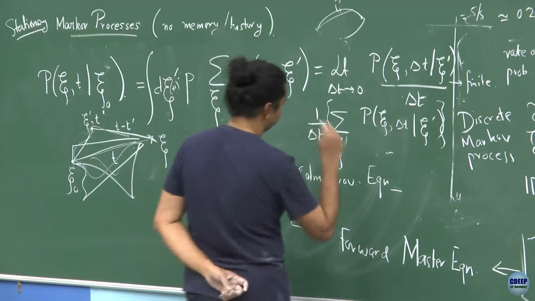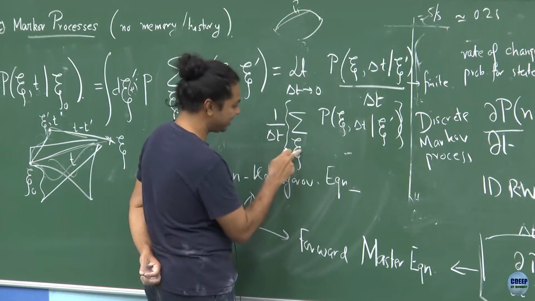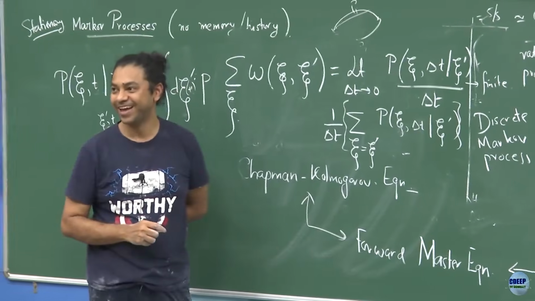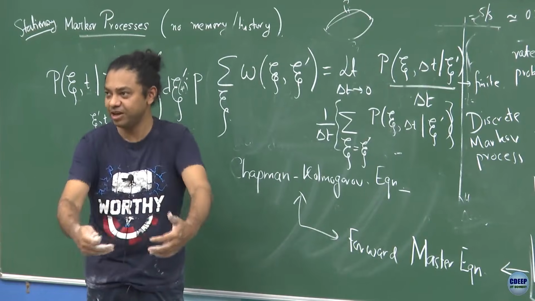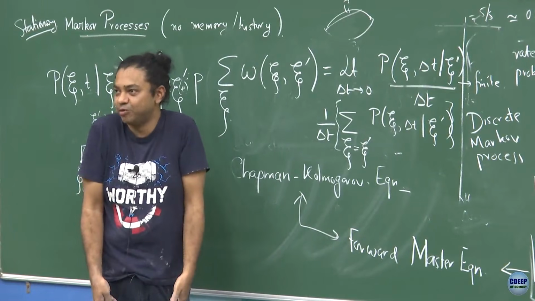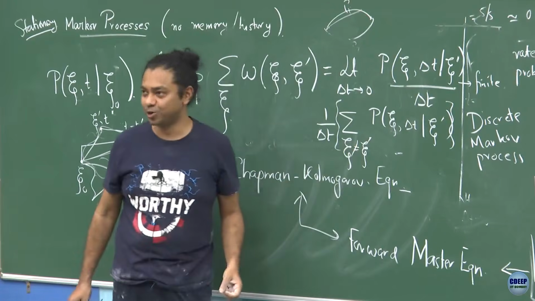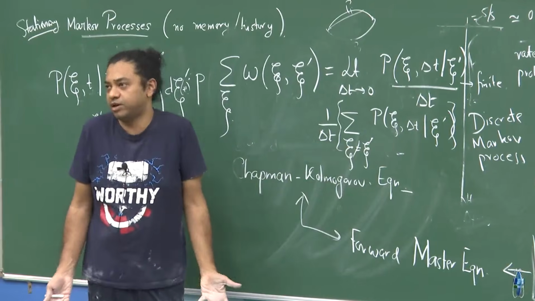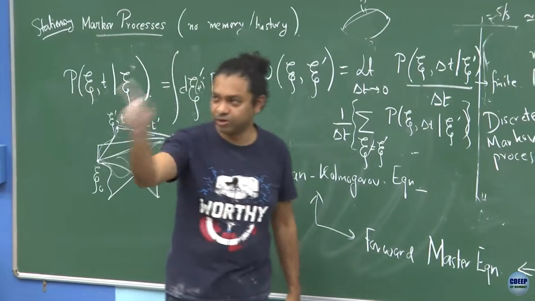Well, actually, sorry, thank you. No, because the summation that I take is over xi not equal to xi prime. I'm transitioning from state xi prime to a different state xi, but I could have stayed in that time delta t wherever I was. So this is a summation over all states not equal to where I was. That need not necessarily be 1. If your delta t is very small, I could have just stayed where I was. Thank you. So when I said it was 1, it is wrong.